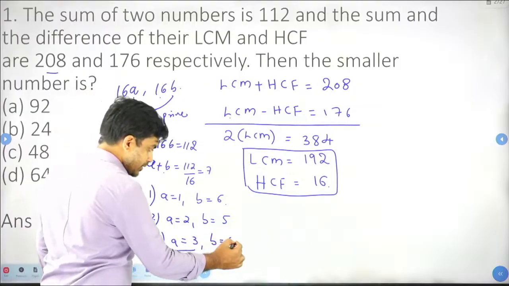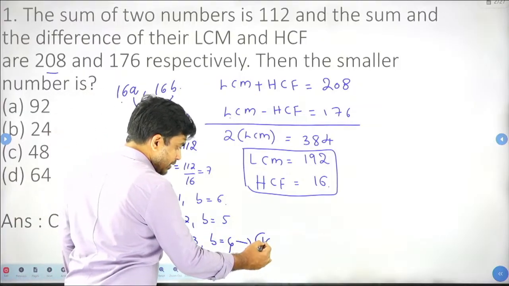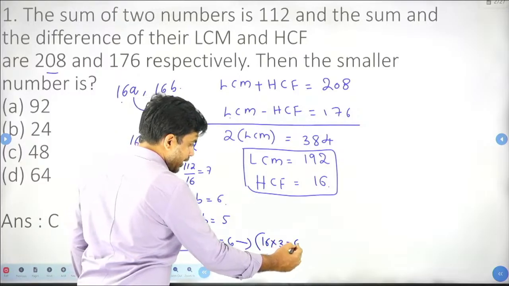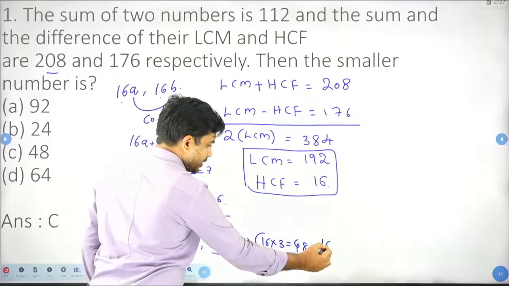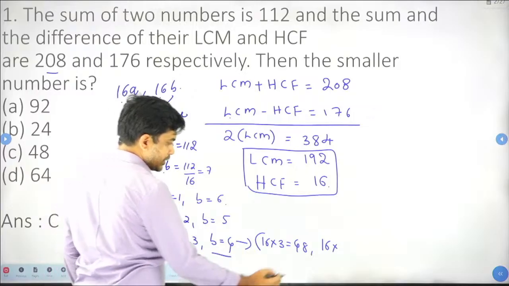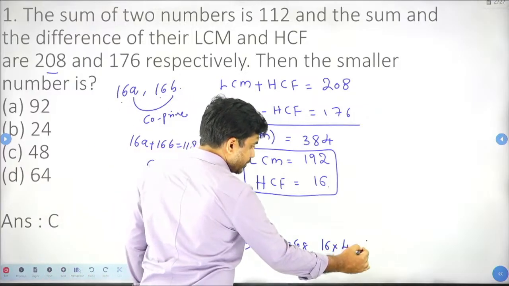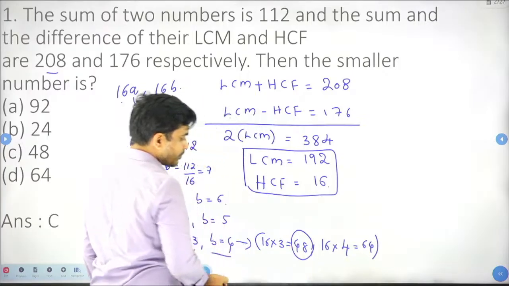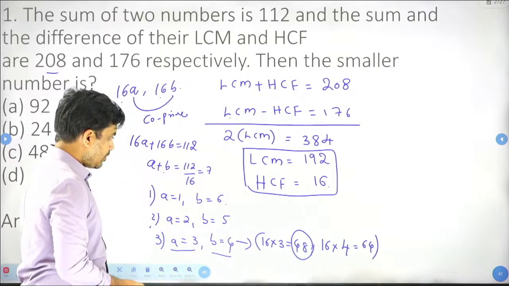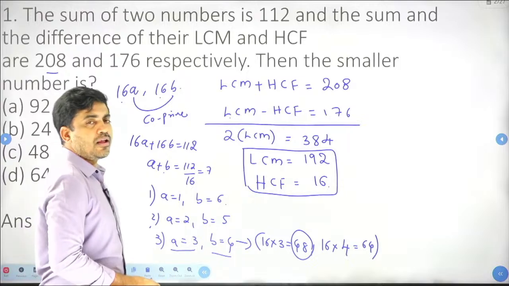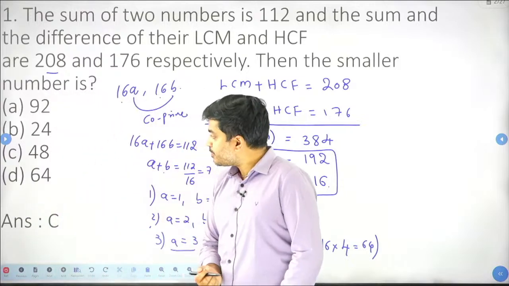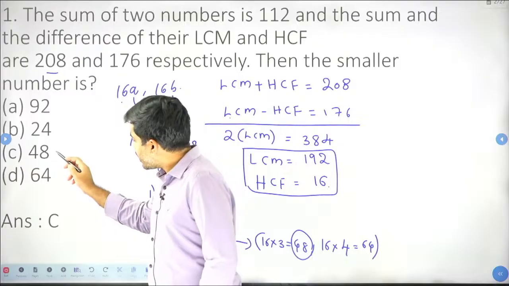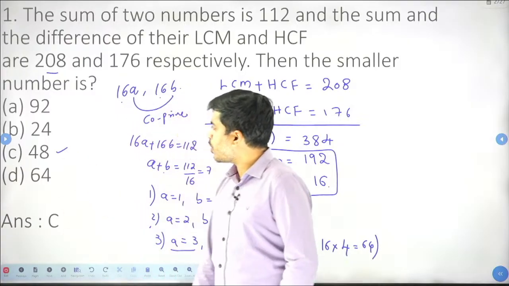They are not the real numbers. Real numbers are 16 threes are 48, and the second number is 16 fours are 64. They are asking for the smaller number, it means 48. 48 is the answer. Look at these options. 48 is given in option C.